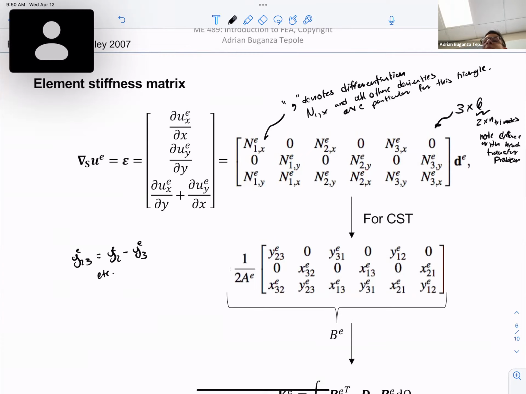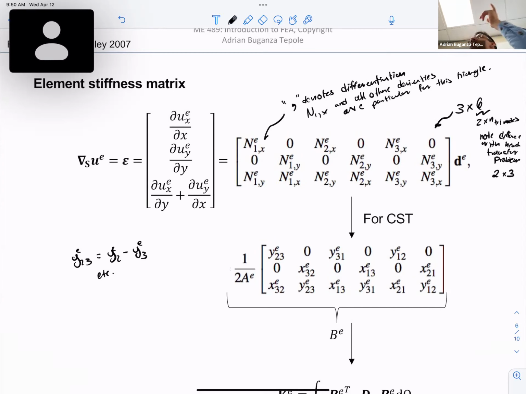So what was the dimension of the B matrix of the heat transfer problem for the triangle? Anyone remember? Yes, 2 by 3. It was 2 by 3 because the gradient only had these 2 components, the derivative with respect to x and the derivative with respect to y.